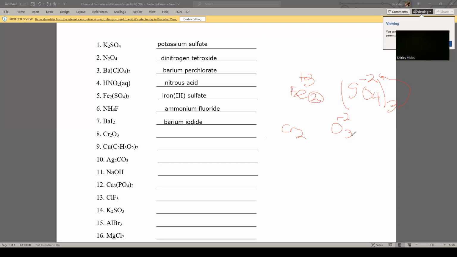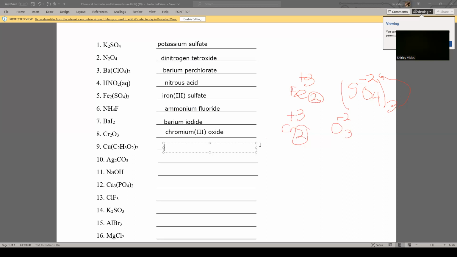So when you multiply, you get 6 divided by this one, right? Gives you 3. So you know this is the +3. Now you can name it as chromium 3 oxide. And let me go back to my 10. Okay, so this is chromium oxide. And don't forget to put capital letters there because it might not like it.